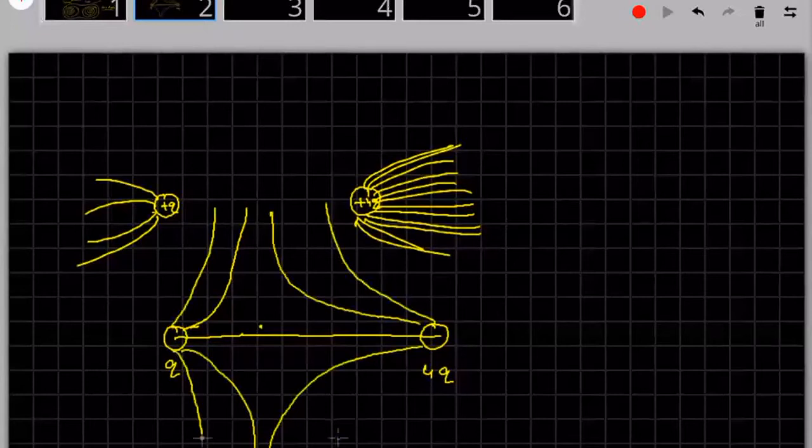I expected you to show me the fact that it will be skewed, or shift, towards this side. Only then would I give you the marks for that, otherwise I won't give you the marks.